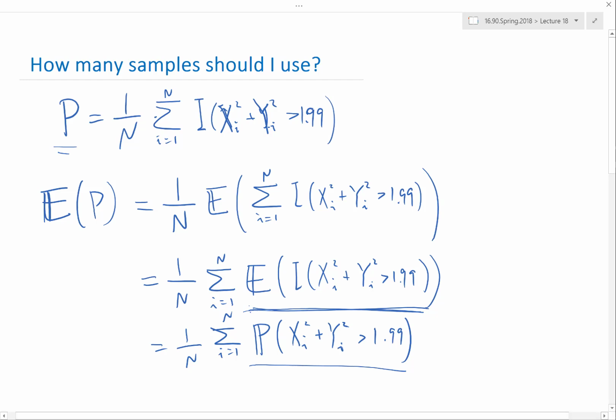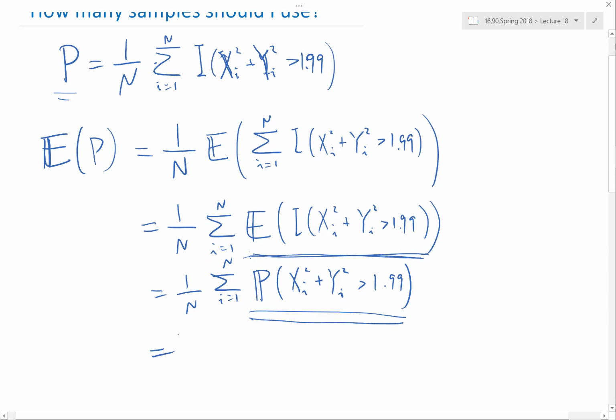And each yi for different i's are also identically distributed. So that probability is the same for different i's, which means this summation and this 1 over n can just disappear, and what I get is the probability for any of the x plus any of the y's greater than 1.99. That is exactly the probability we wanted to compute in the beginning.